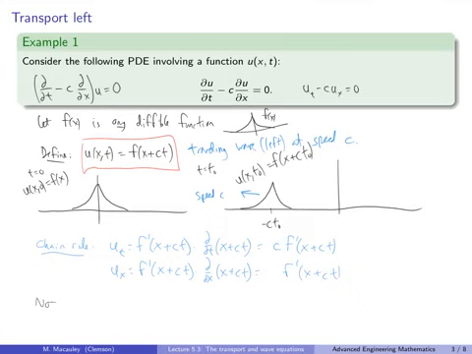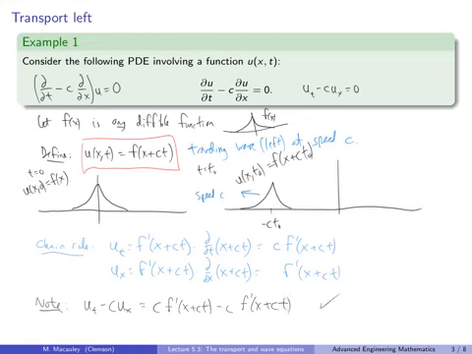So now note that this clearly satisfies the PDE because the t derivative is c times f prime minus c times the x derivative. So the c times this minus that equals 0. Let me just write that down. So u_t minus c u_x equals c times f prime of x plus ct minus c times f prime of x plus ct.